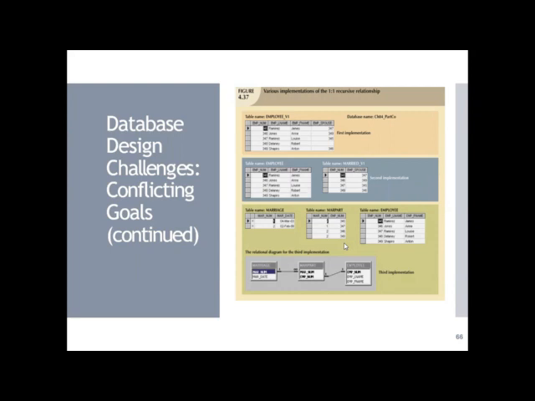And then the third implementation became three tables or three entities: marriage, merit part, and employee. This is the relational diagram for the third implementation. Marriage to merit part is one to many, and merit part to the employee table is one to one.